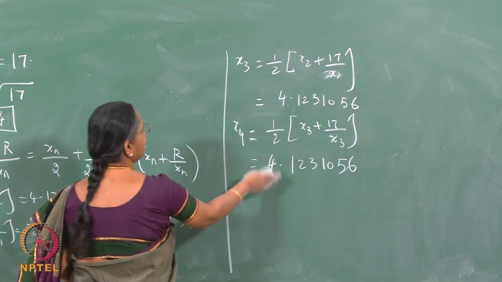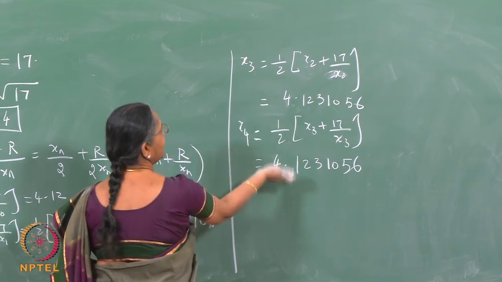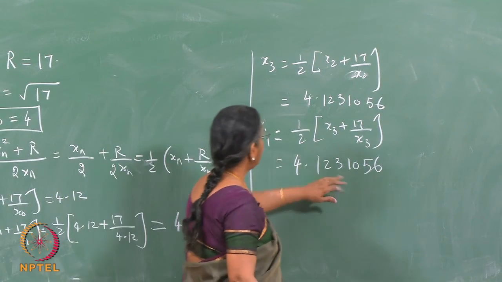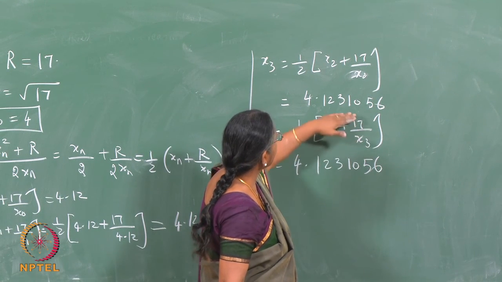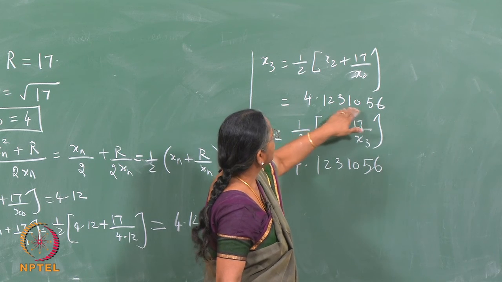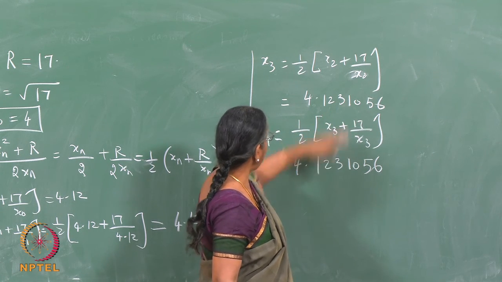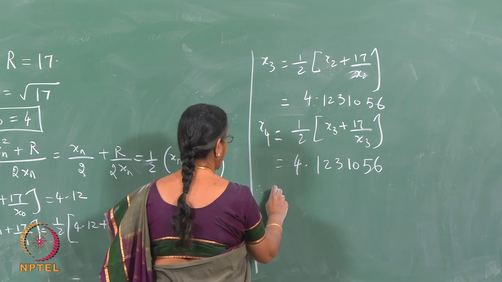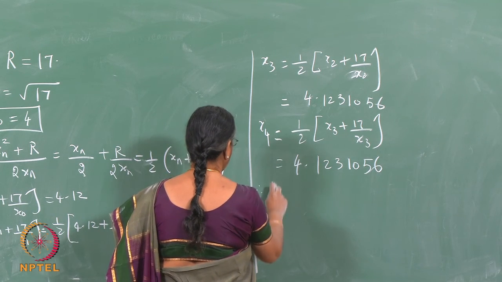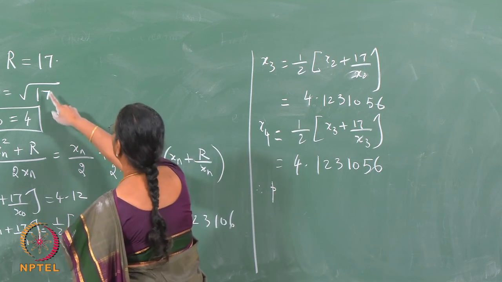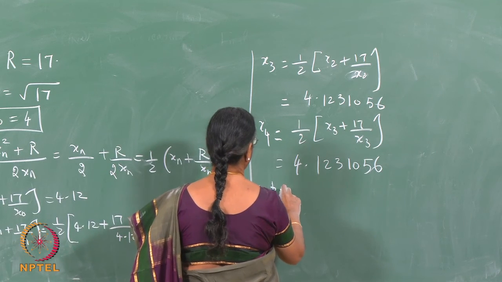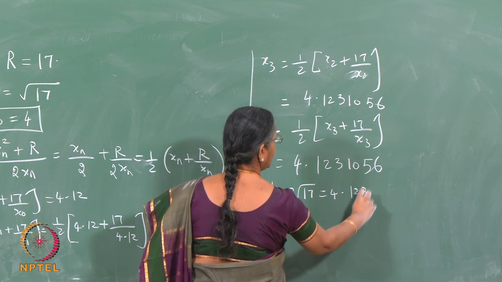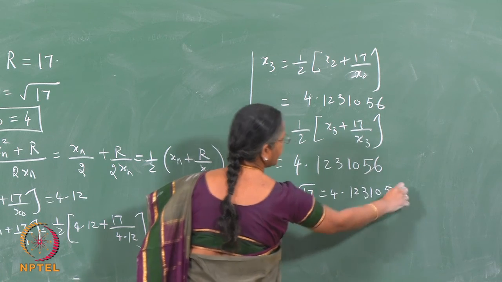So, I observe that x 4 minus x 3 is such that the result is correct to 7 decimal places, and therefore I take my approximation to the square root of 17 as 4.1231056.